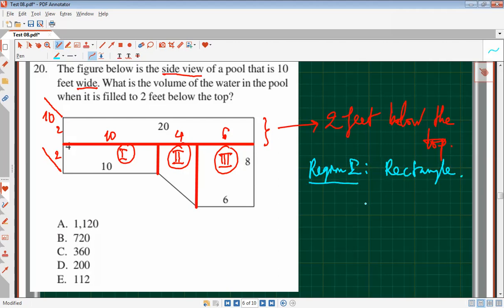And we have the area: number 2 times 10. 2 times 10 is 20. Then we do the same for region number 2, the second region.